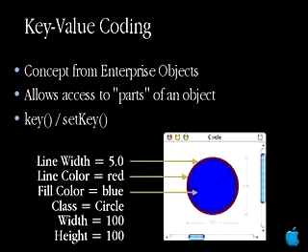All right, first of all, let's talk a little bit about key value coding, because this is a totally crucial concept in the scripting framework. We get key value coding from the Enterprise Objects framework. And it is basically a standardized way of accessing pieces of an object. What you do in your object is implement accessor methods, and they basically have a naming pattern.